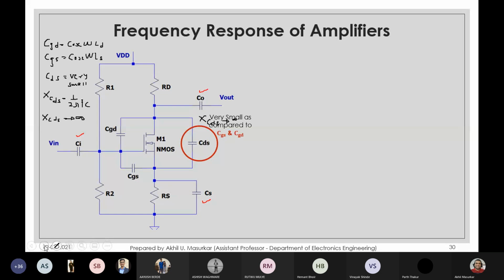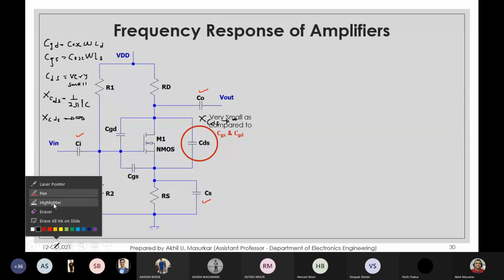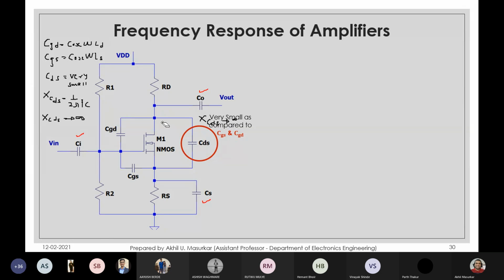A circuit designer should understand it this way: even before CDS affects the frequency response, CGD and CGS have already affected the response.